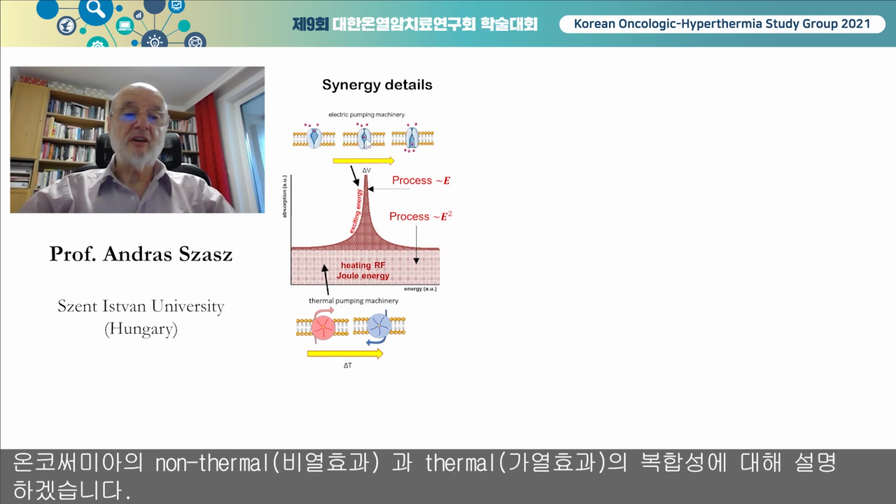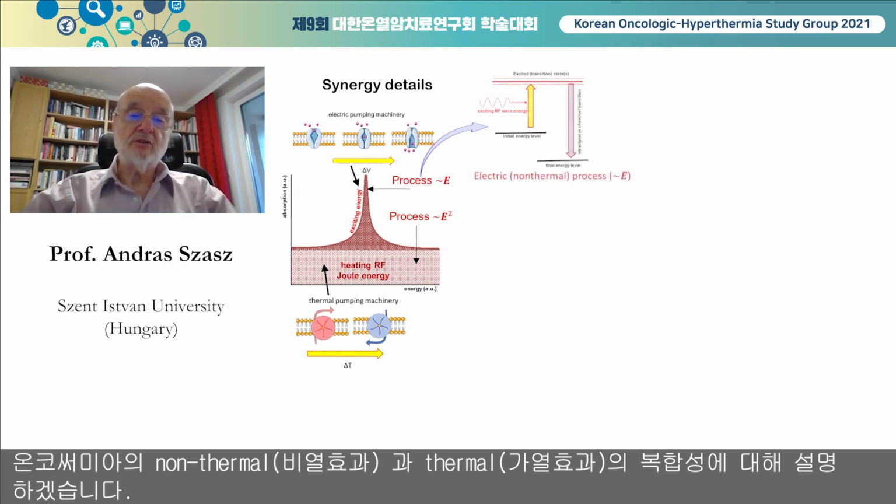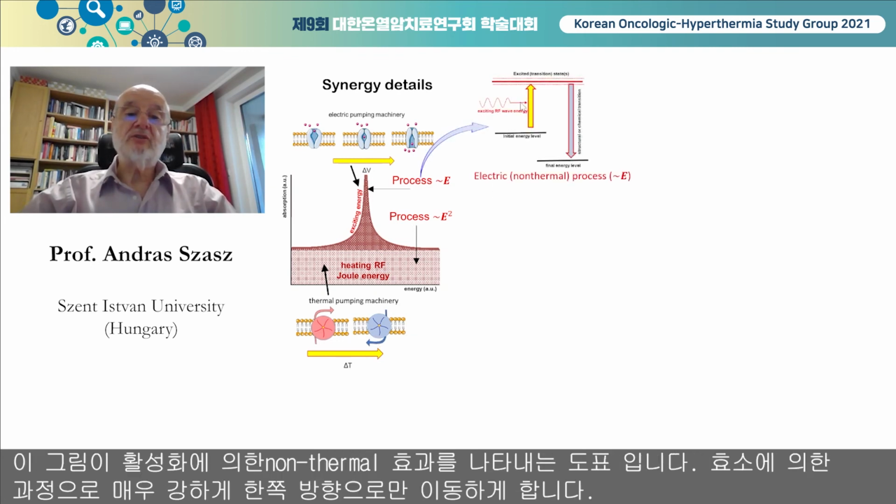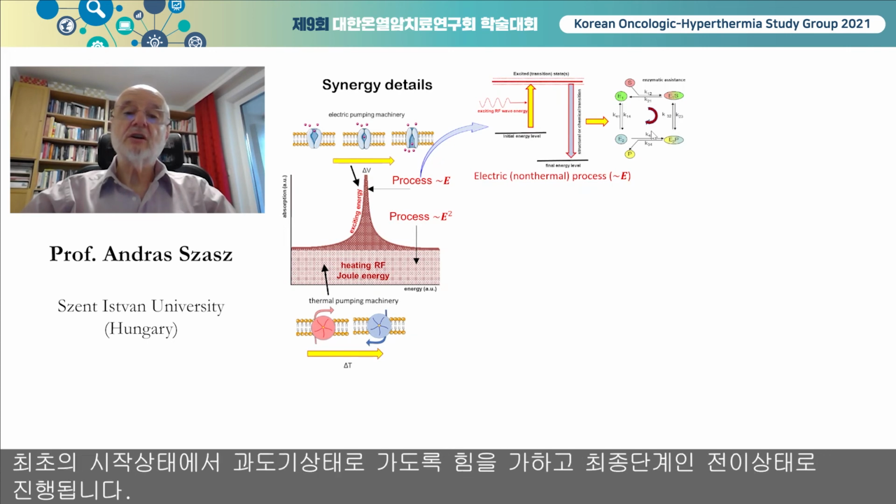So it is a non-thermal and a thermal machinery of the membrane ionic spaces. This one is the non-thermal process of the excitation, like we had seen, and this makes a very strong force to produce a one-direction effect on the enzymatic processes.